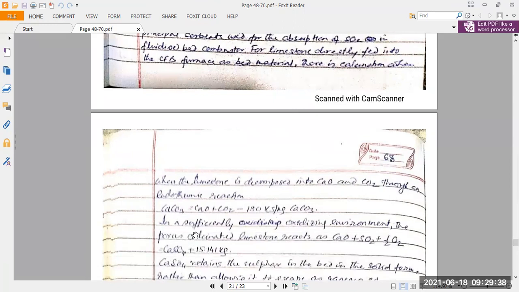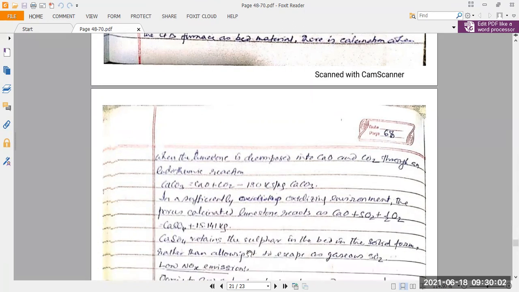Now, in the significantly oxidizing environment, the circulated porous limestone reacts as CaO plus SO2 plus half O2 gives CaSO4 plus 15.14 kilojoule.